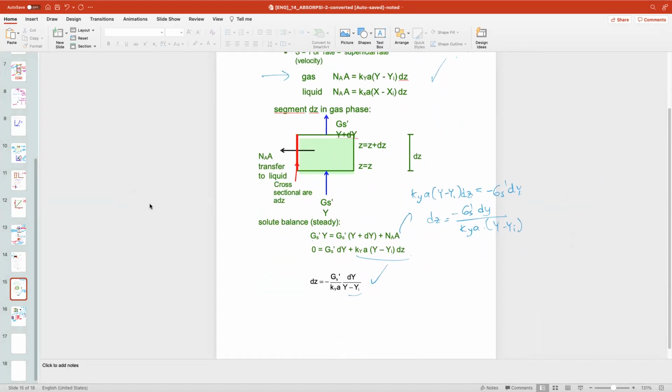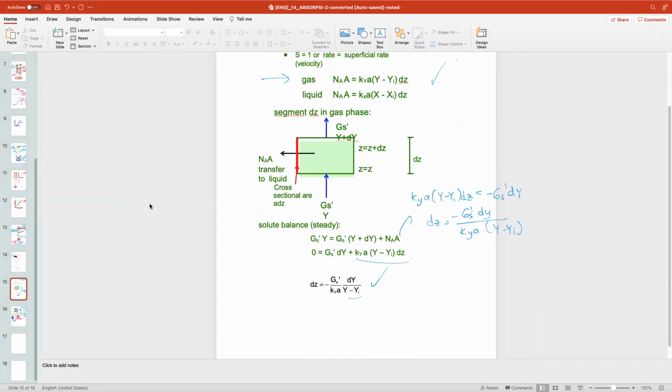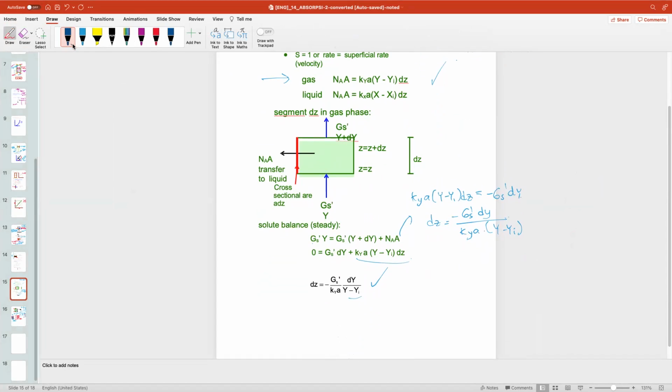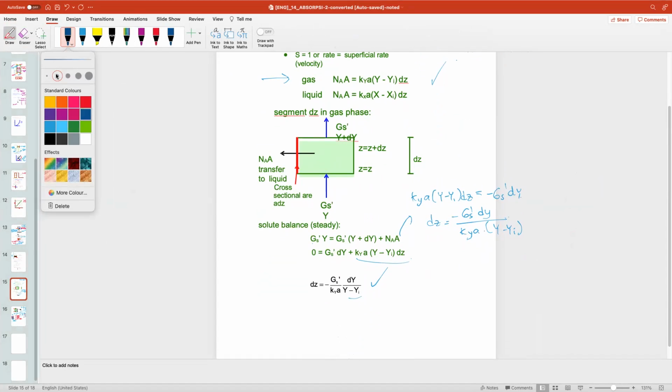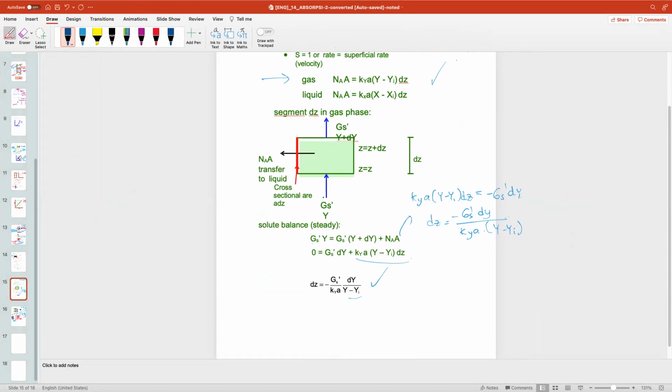So basically, in absorption, what we would like to do is to determine the height of the absorption column.